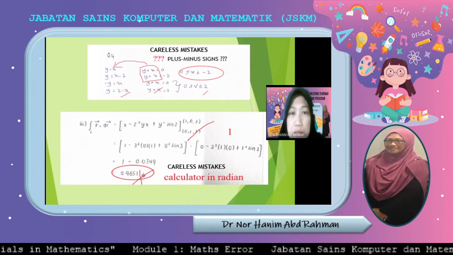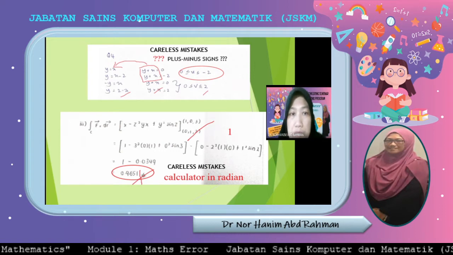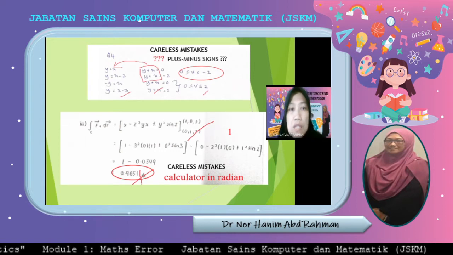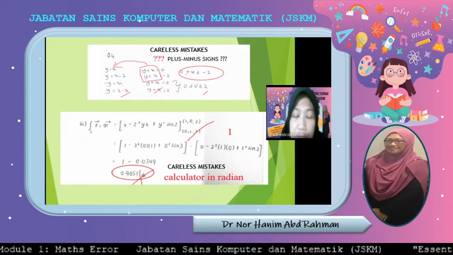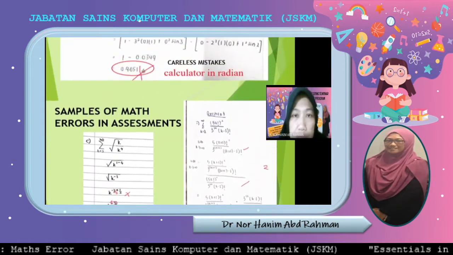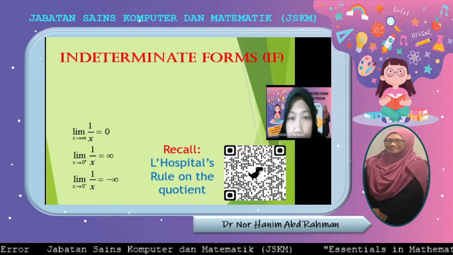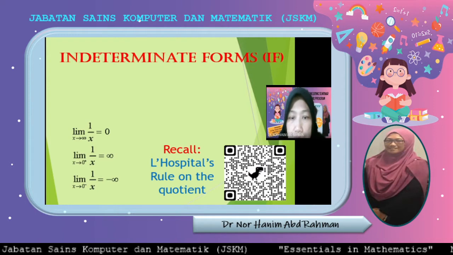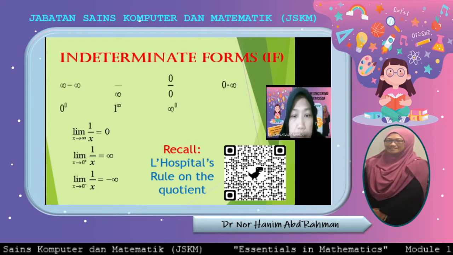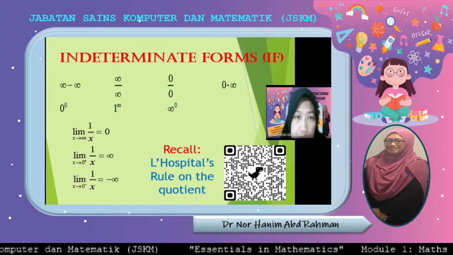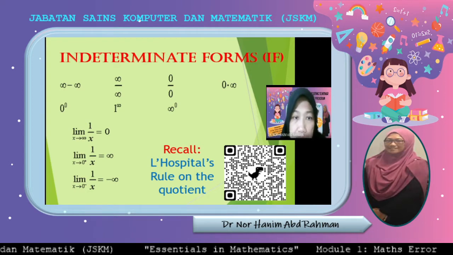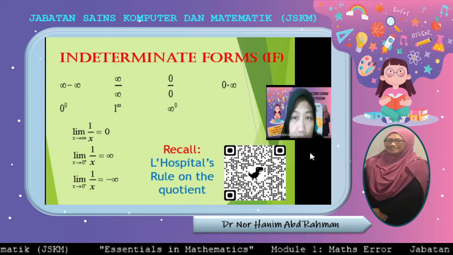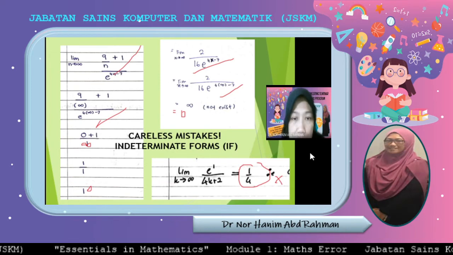Okay, yang saya nak tegur dalam kes ni, kesilapan-kesilapan juga berlaku dalam konteks indeterminate form, IF. Ini juga dah pernah jumpa dalam diploma, dulu ya diploma level. Okay, and also the use of L'Hopital rule. So all this is indeterminate form, awak tak boleh selesaikan direct. So maksudnya bila awak jumpa bentuk indeterminate form ni, kita kena olah.